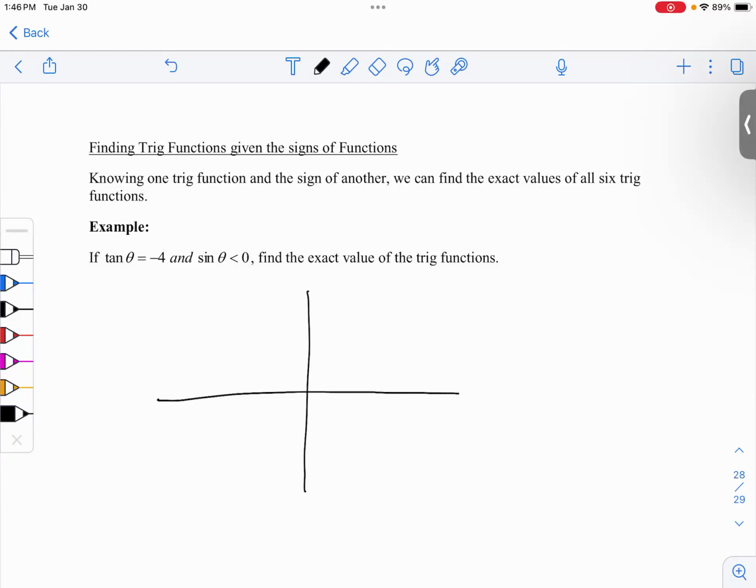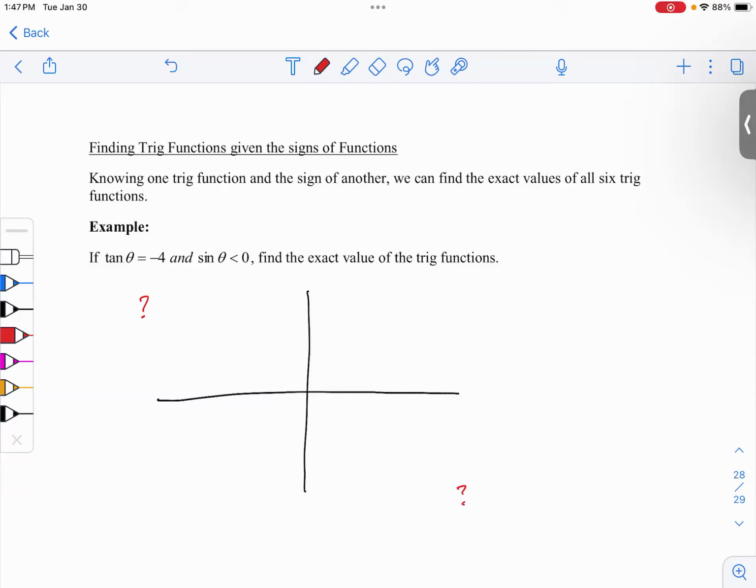Okay, so tangent is negative. If tangent is negative, what two possible quadrants am I in? I could be in quadrant 2, or I could be in quadrant 4, right?